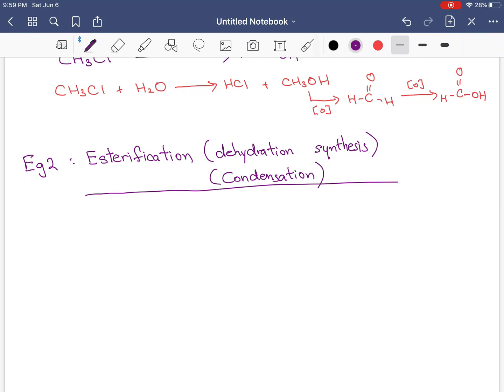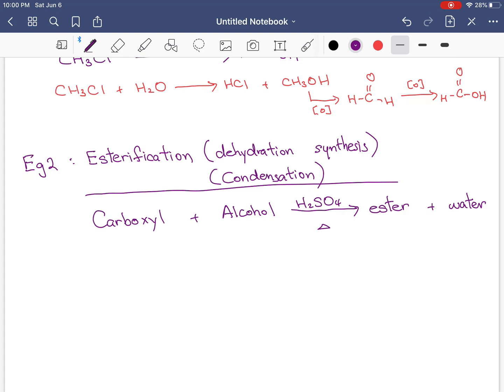Something called an ester. So to make this work, you take a carboxyl, and you react that with an alcohol. Ooh, how can I spell alcohol wrong? Under heat and under the presence of sulfuric acid, you will get an ester plus water.